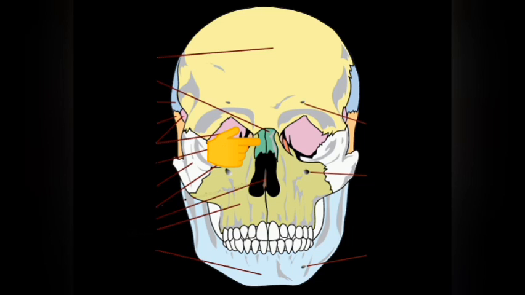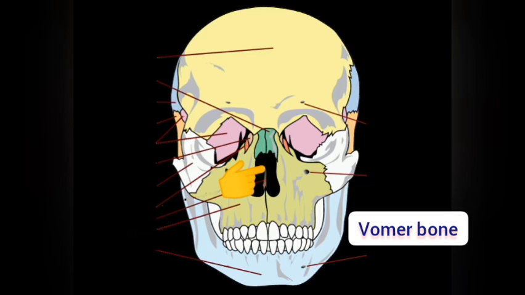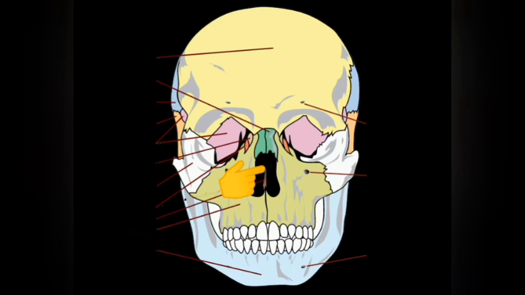Nasal bone, one nasal bone. Then we have the inferior nasal conchae. There are two inferior nasal conchae, and they are found within the nasal cavity. We have the vomer bone, V-O-M-E-R, vomer bone.